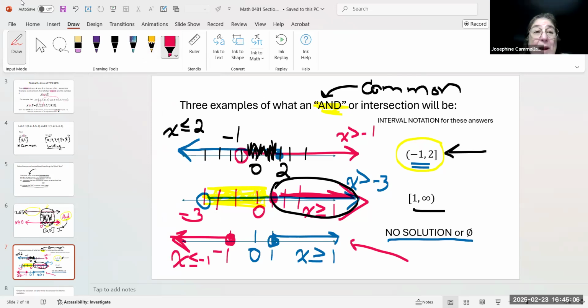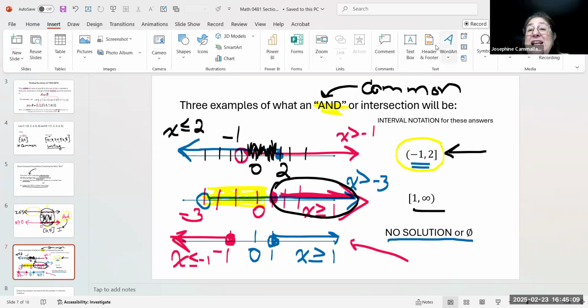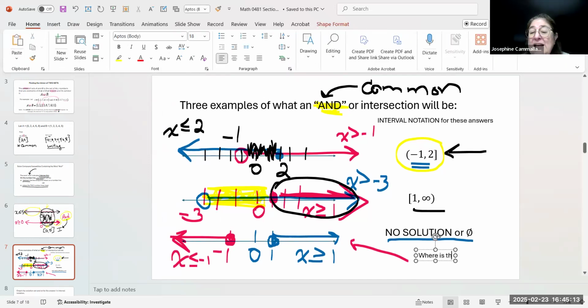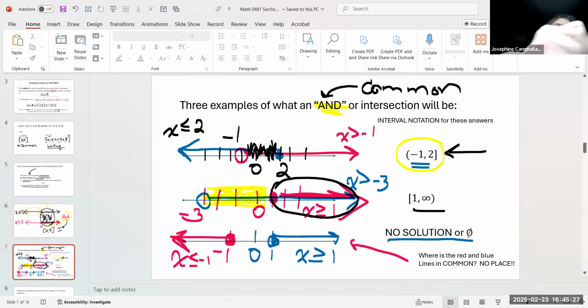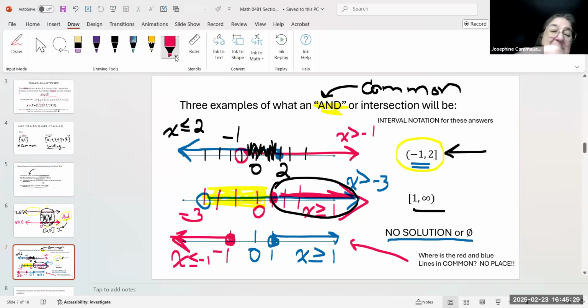Where is the red and the blue in common? Where is the red and blue lines in common? No place. If it's no place, it's a no solution. And they like to put the little 0 with the line through it.